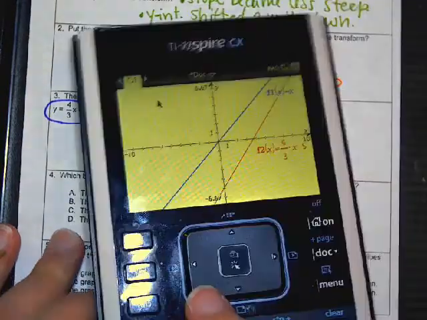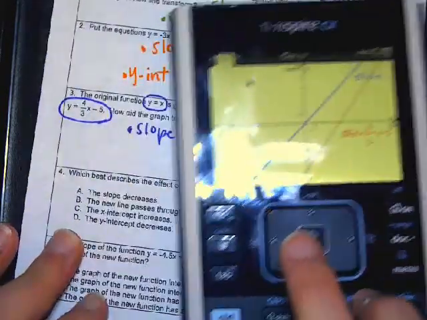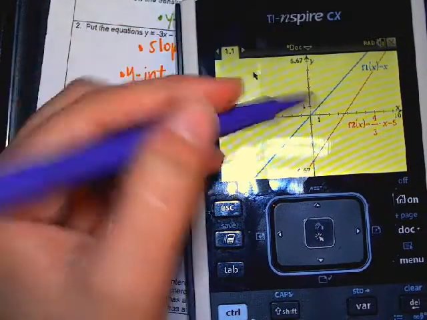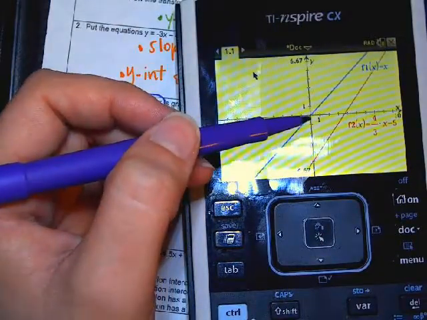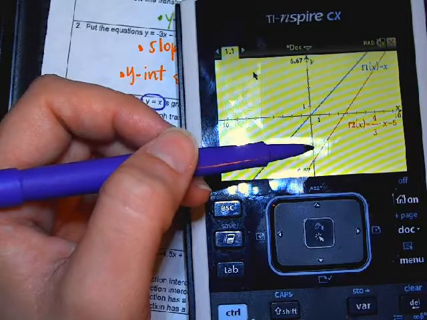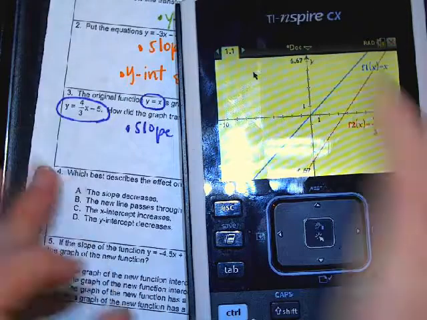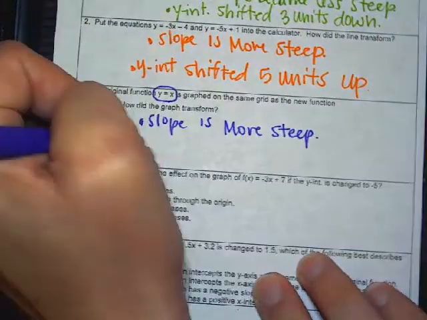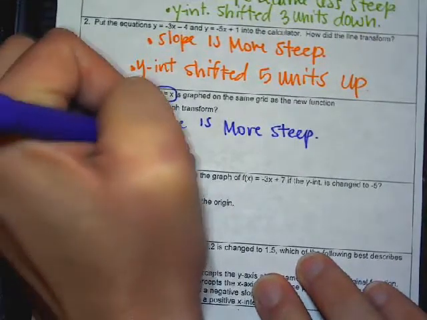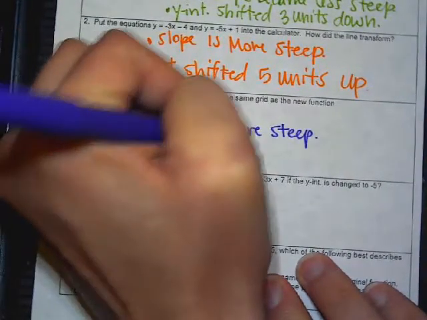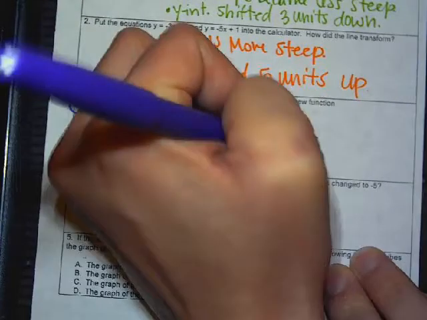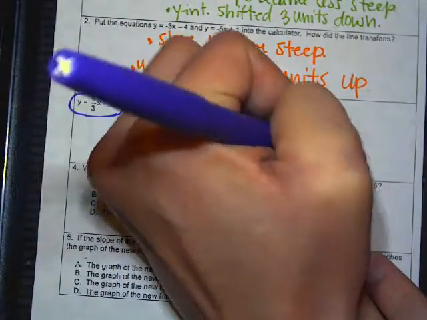What about the y-intercept? It went from 0 and then it went down how many? 5, just like we thought it would. So the y-intercept shifted 5 units down.